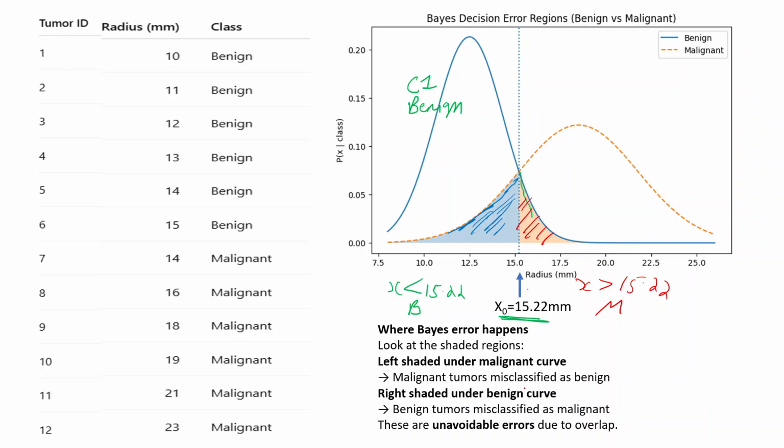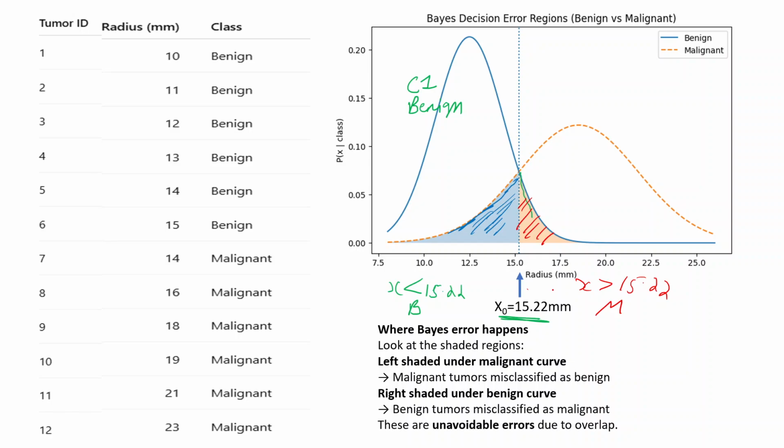Malignant tumors are misclassified as benign because x was less than 15.22 and we are deciding it as benign. Actually it is a malignant tumor, but we are deciding it as a benign case. Right side, what is happening?